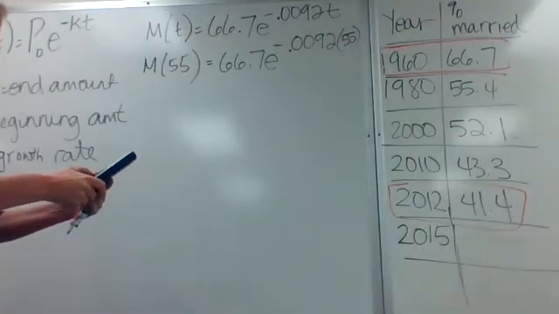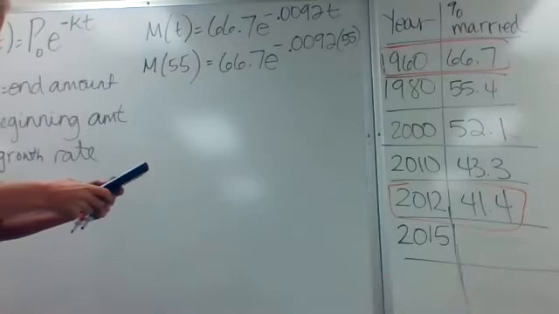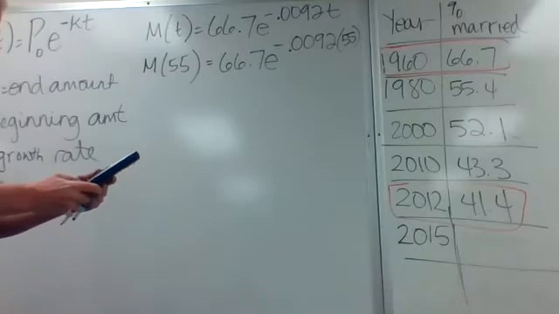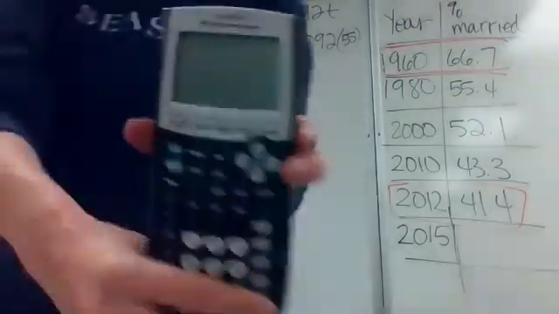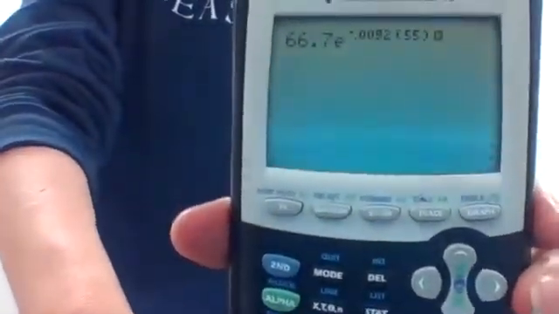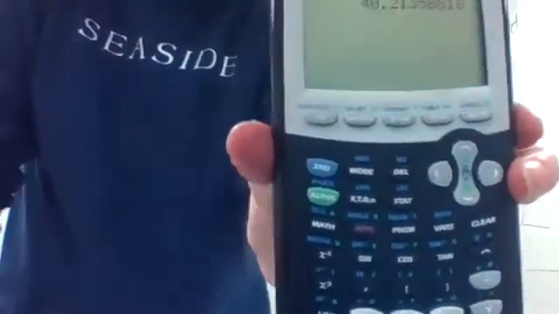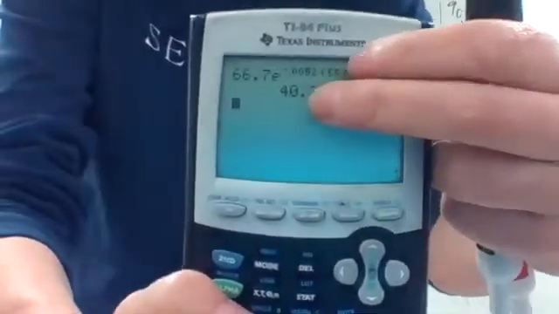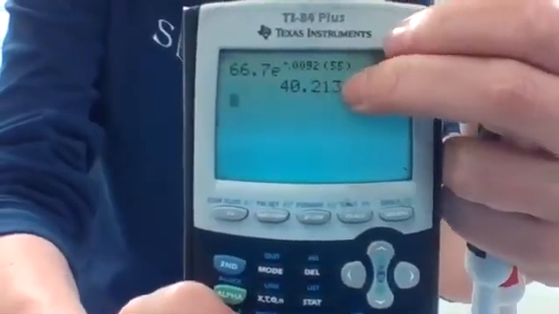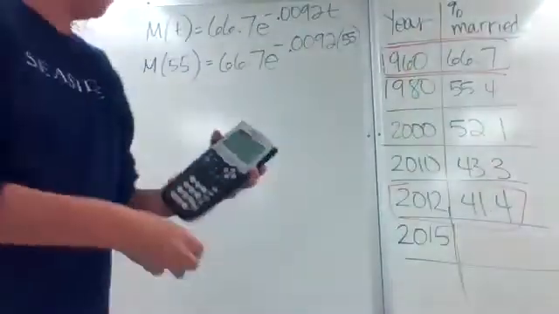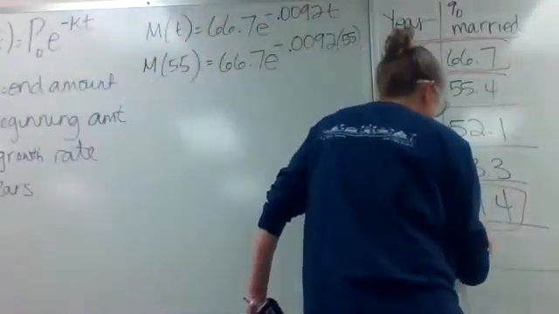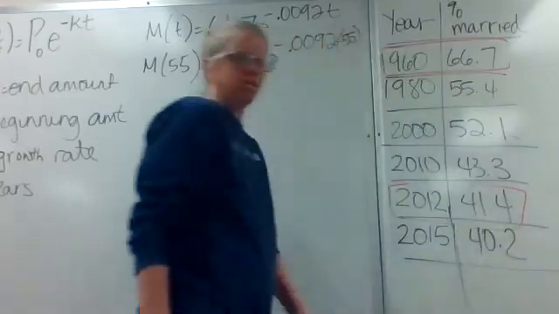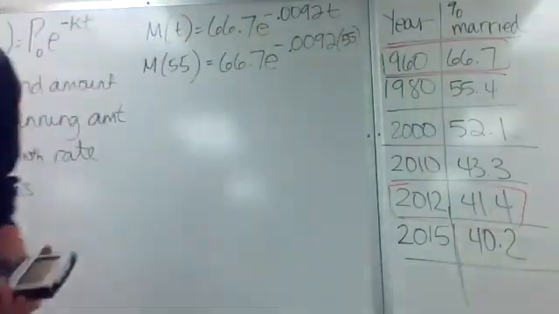So 66.7 E, so second ln. In your exponent, you'll have negative 0.0092. Open the parenthesis, 55, close. And we are rounding to one decimal place. So I have 40.21, which means I don't need to round up. So in 2015, there will be 40.2% of adults married.